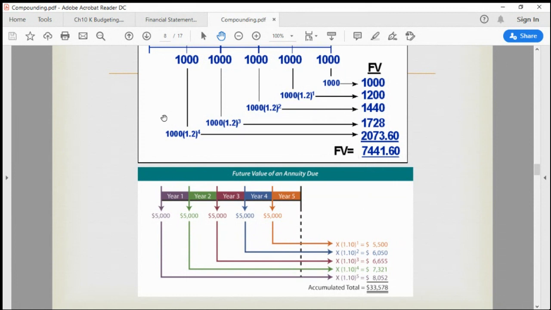If you have solved it as an ordinary annuity, all you need to do is recycle this and give it one more compounding. And you might wonder, why do you have to do that? Can you not just start doing this from the beginning like this?